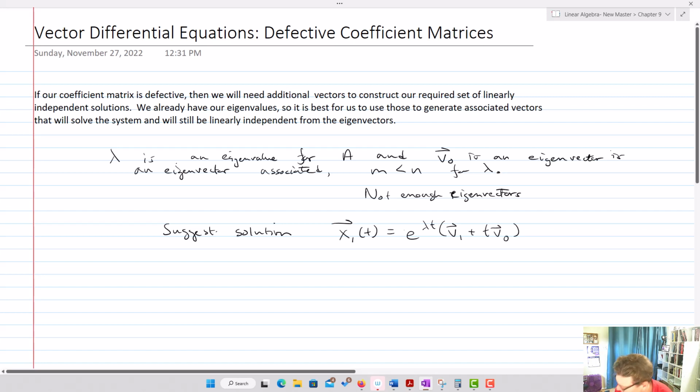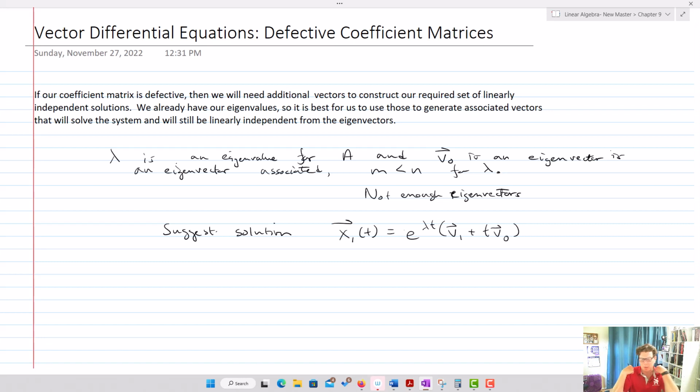So if you think about what we were doing in higher order differential equations, anytime we needed an additional solution and we had repeated roots, what we did was multiply by some power of t or some power of x. We're doing the same thing here. We're going to add that power of t in order to give us another linearly independent solution. That's what we're going to do.